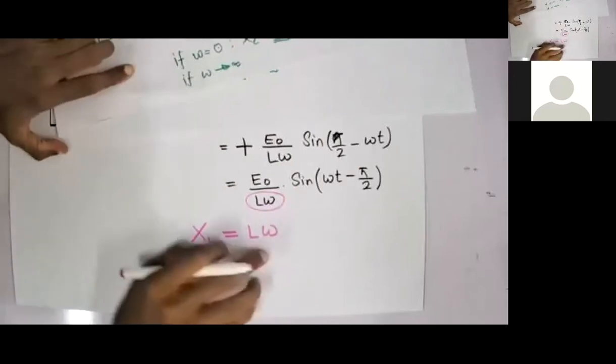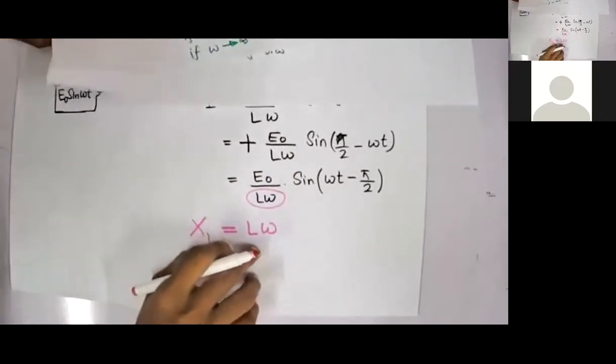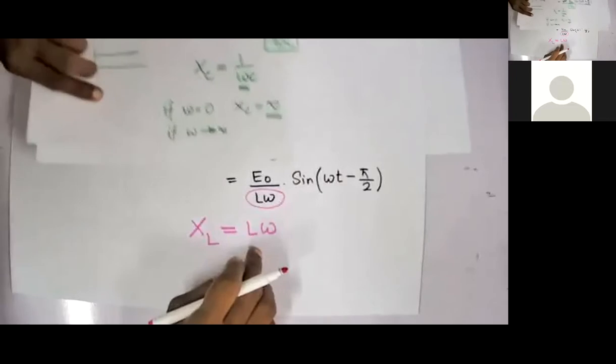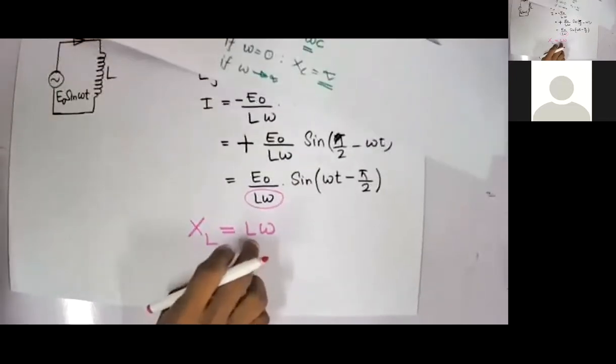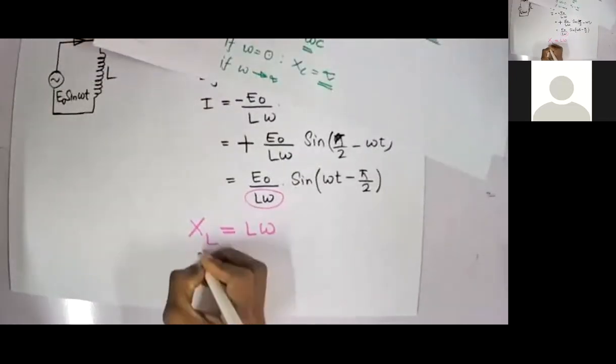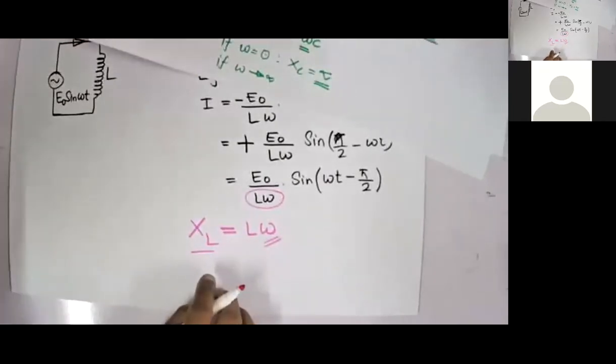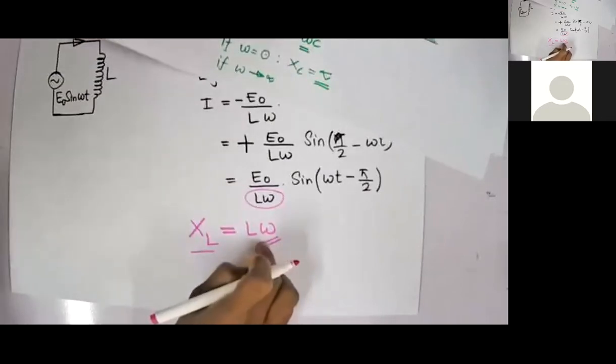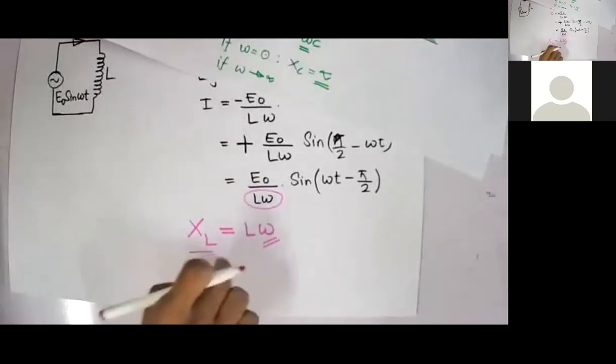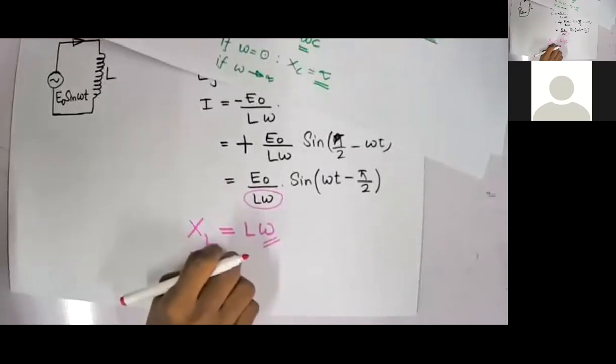So I can directly write this as L omega. Again, XL is a function of frequency. When omega equals 0, XL becomes 0.